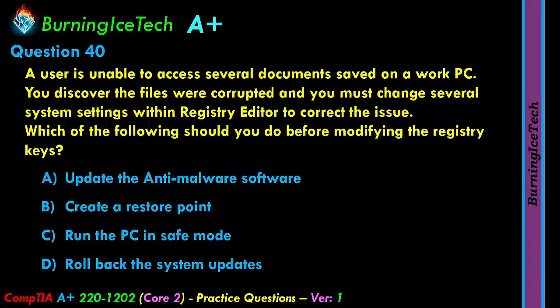So you're going to have to fix the actual issue at hand here. And the only way to do that is to restore to an earlier state, which does not seem to be an answer here. So you're going to have to do it manually in some way, which seems to be the case here. But before we do that, we should probably make a backup point. Give ourselves a little bit of a safety net here in case the poo-poo hits the fan, so we can at least fix our own little boo-boo.